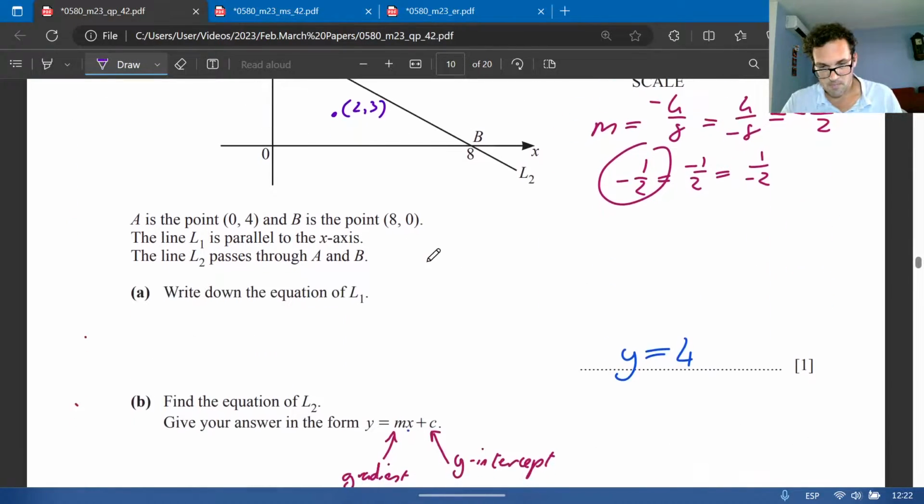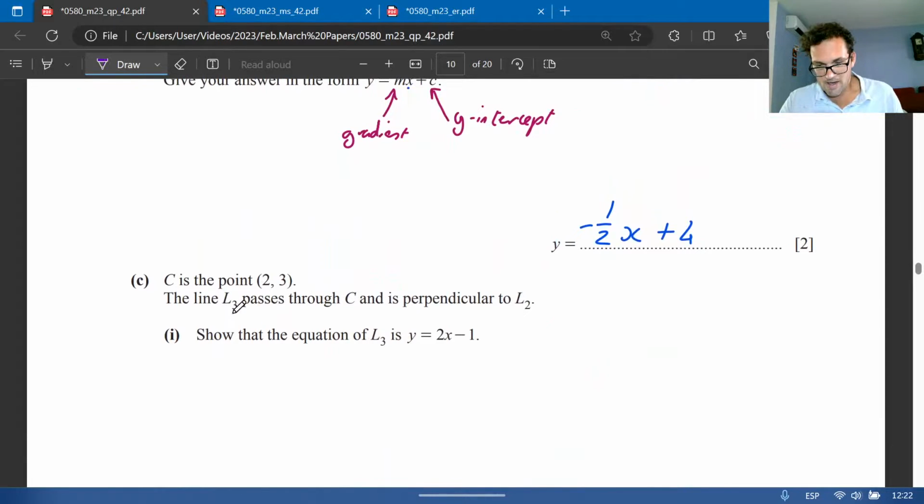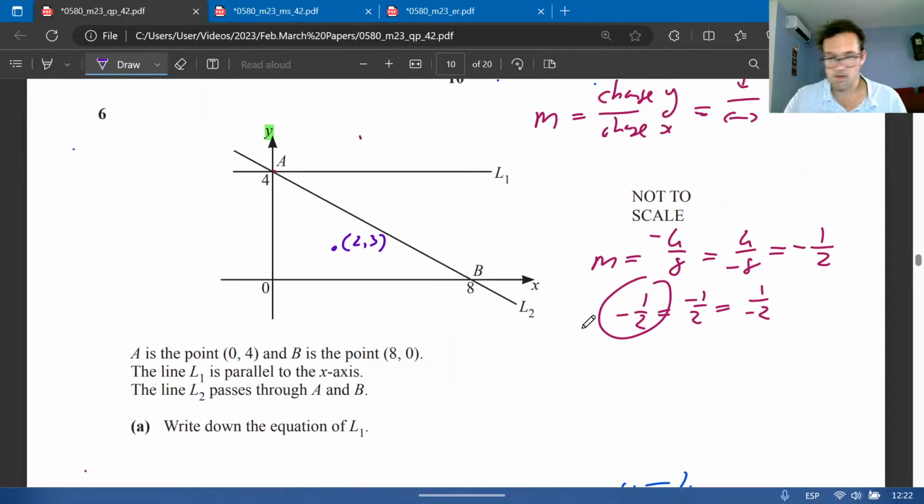Be aware. The line L3 passes through C and is perpendicular. Remember, perpendicular means it forms a right angle to line 2. Let's draw line 3 like we could imagine it being. Find my ruler.